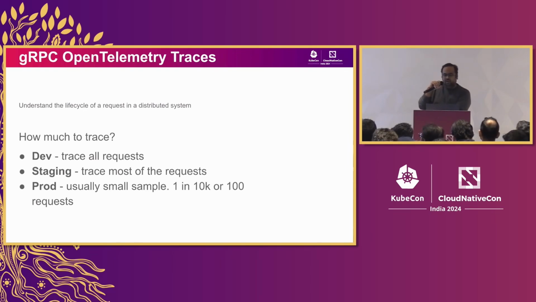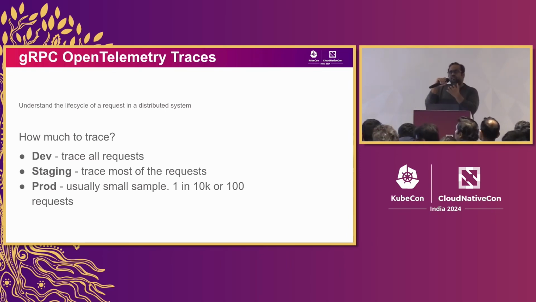Then obviously, when you are in a dev environment or staging environment, you can trace all your requests. But as you move to the production environment, you don't want to trace all your requests because tracing can be expensive. If you trace every single request, it will be expensive on your CPU as well as the data you will collect.